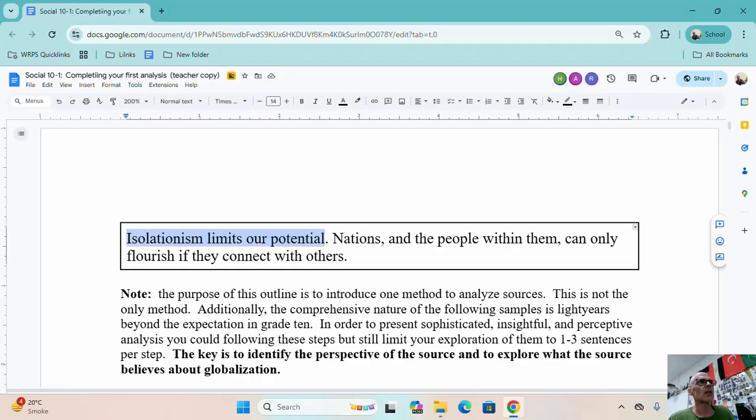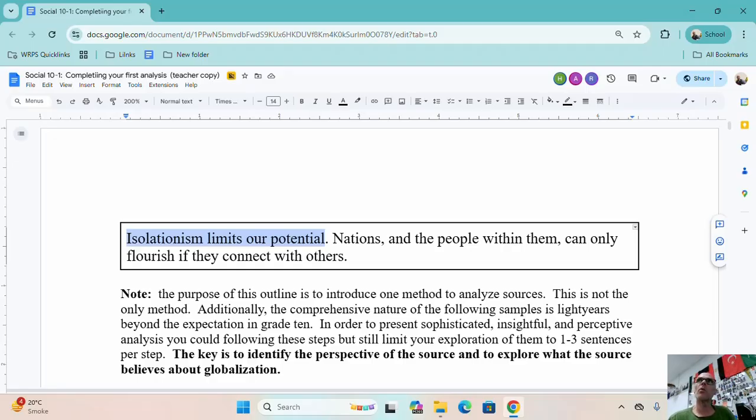Proponents of the source may look at North Korea economically, and by looking at its per capita GDP or even its gross GDP, we can see that an isolationist country like North Korea is quite limited economically in comparison to a more globalized country like South Korea.